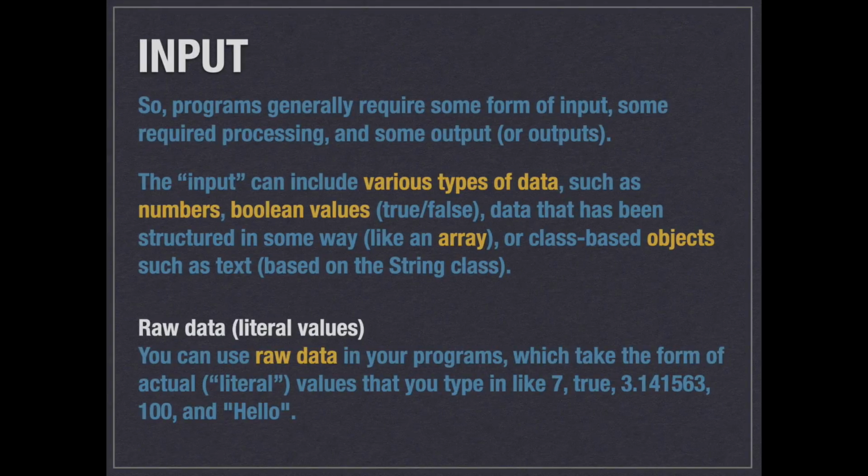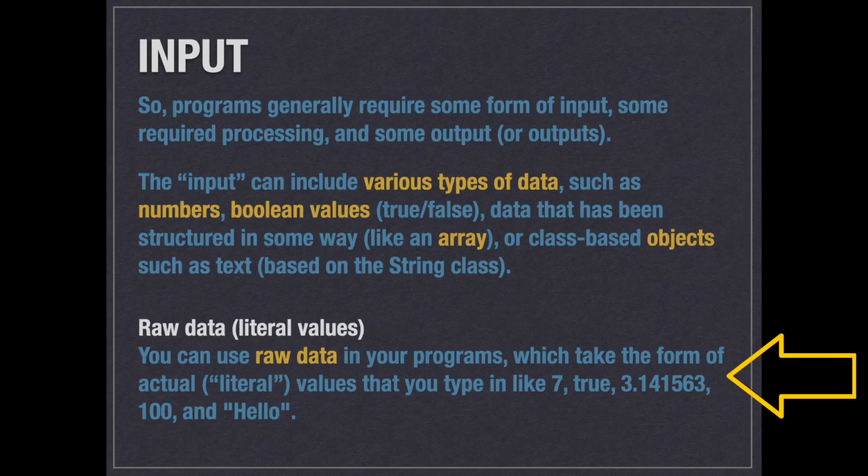Input can take the form of various types of data. It can be numbers, it can be Boolean true-false values, it can be structured data, class-based data, and perhaps other forms. Certainly resource files like sounds and images would be considered input. So there are lots of different potential inputs.